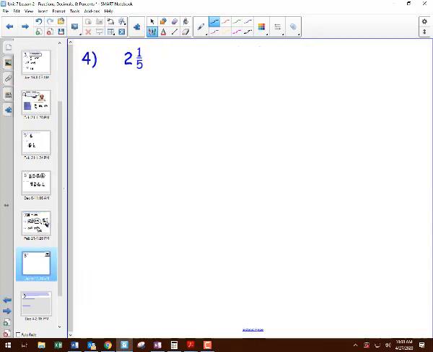Okay, one more example of this type here. We have a mixed number. The first thing you want to do with a mixed number is get it out of the mixed number form. We want to put it to an improper fraction. 2 times 5 plus 1, that's going to get me 11/5. I know 5 is a factor of 100.